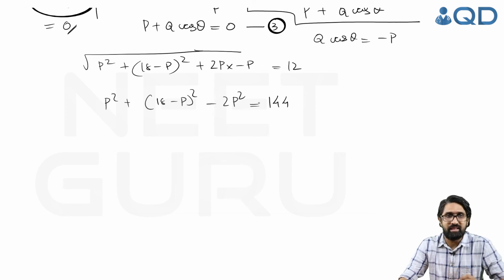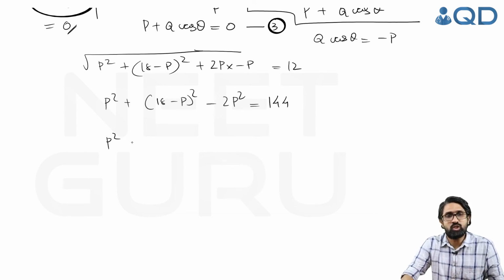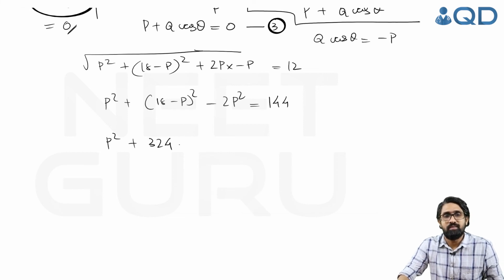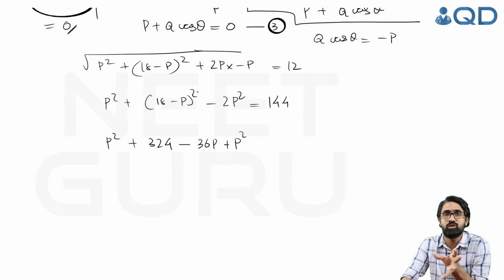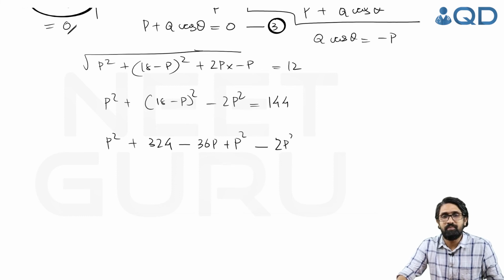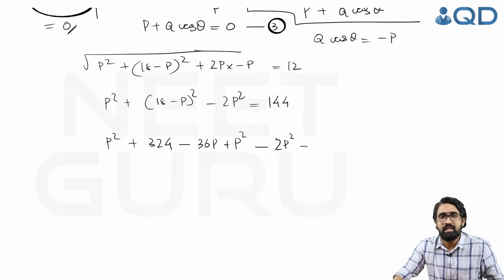Now if I further expand this, I'll have p square plus 18 square is 324 minus 2 into 18 into p, that is 36p plus p square. And that is how we expand a minus b whole square: a square minus 2ab plus b square. And then you have minus 2p square, that term as well here. That will be equal to 144.